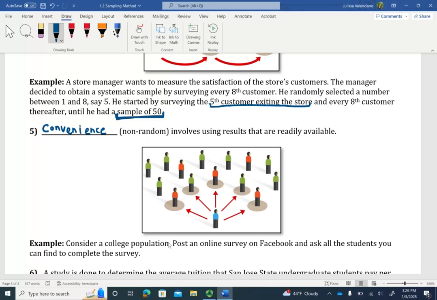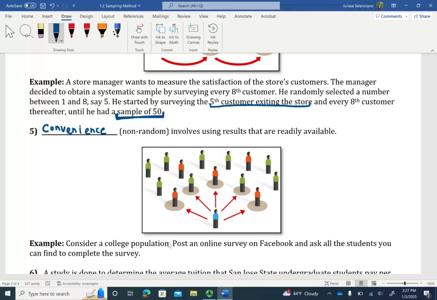Another example of this would be, let's say that you want to give a survey to GRC students, so you decide to stand by the student union. When you see students pass by, you give them your survey and ask them to complete it. Again, not a good representation of the population. You're only going to perhaps find students who are taking classes in person.